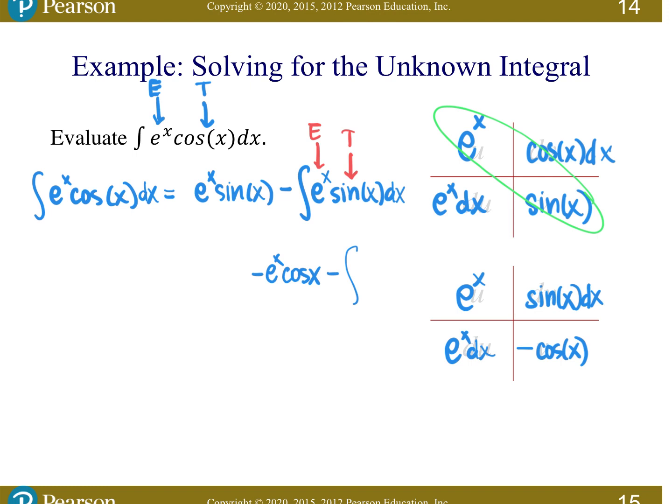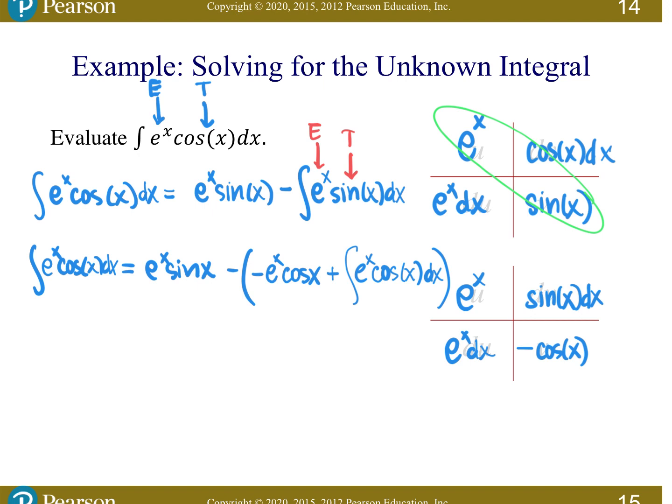Right now it's minus e to the x, and then the next part would be a negative cosine, so that'll be a positive, and then dx. But what is in front of all of that? The negative sign that was preceding that work, and the e to the x sine x. And what was in front of that was the original integral of e to the x cos x dx that I started with.